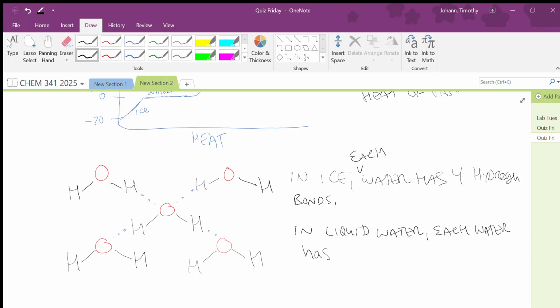Is it going to be more or less per water for liquid water? Less, right? Because in liquid water, the molecules can move relative to each other. How many do you think? 2 might be what I thought. Yep. It's actually 3.5 hydrogen bonds.